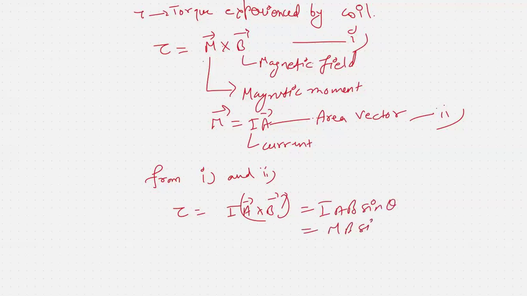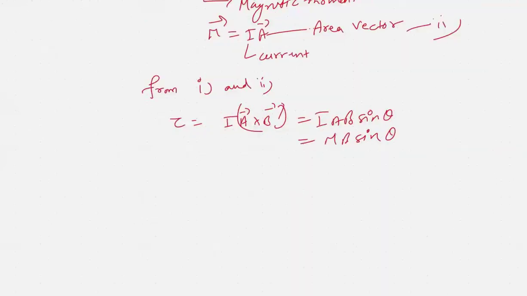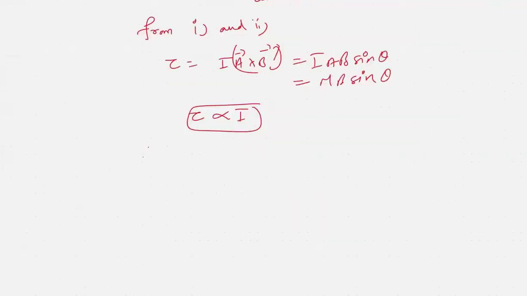Both are there. If B is constant and area is constant, which is generally the case for a coil because we are not changing the north pole, south pole or the area, then the torque is directly proportional to I.